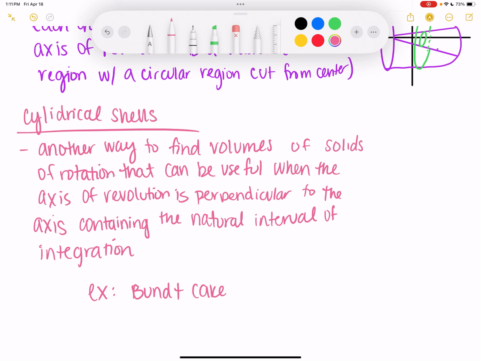So basically, if you had your bundt cake, the middle is hollowed out, and that area around it would be what this is for. Another option that's easier is a roll of paper towels. Think of the tube, but thicker, then that would allow us to find the volume of the roll itself.